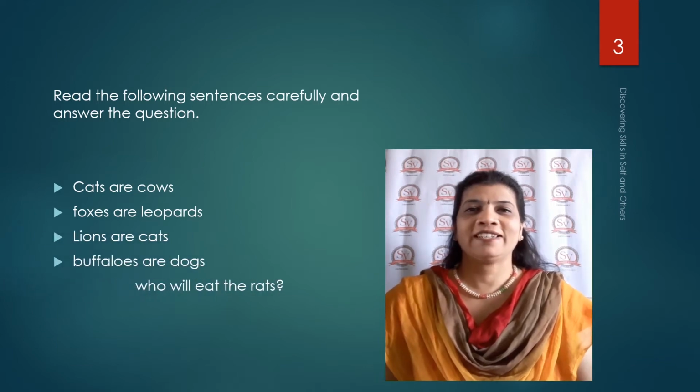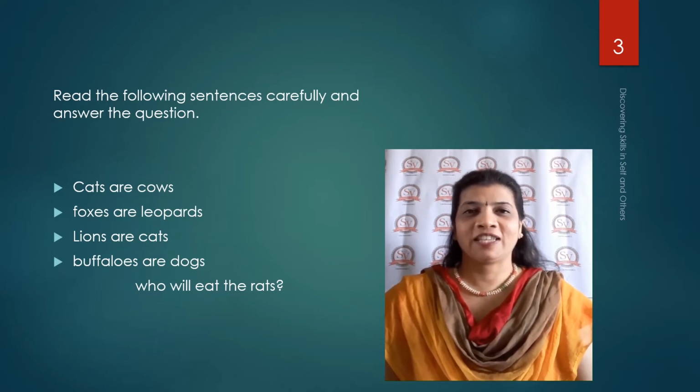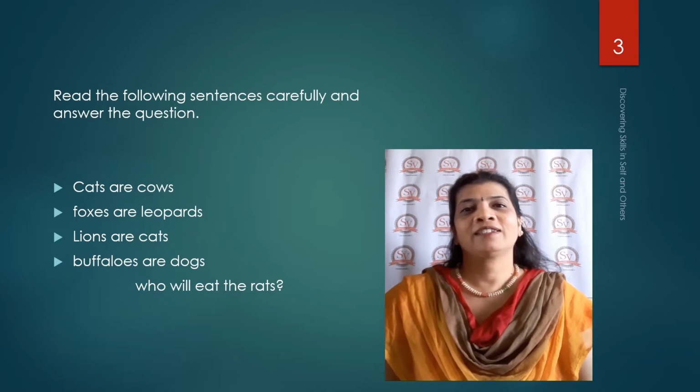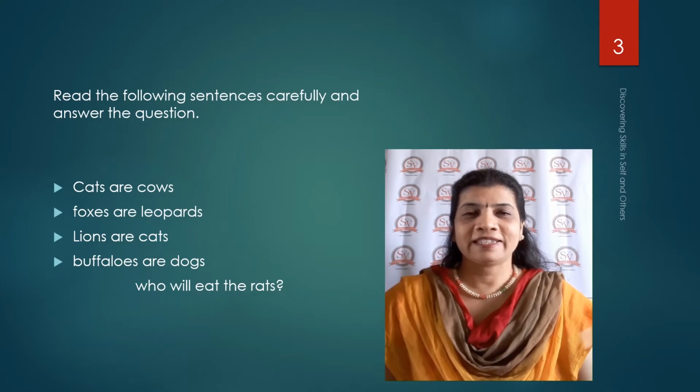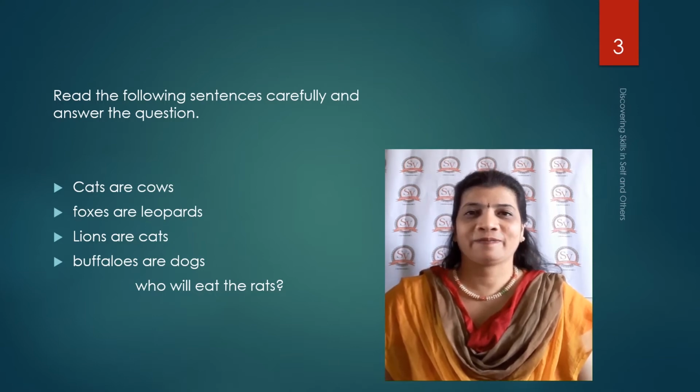The question is, who will eat the rats? Now, if you see the sentences once again, you will understand that generally cats do eat the rats, which means the correct answer is cat.